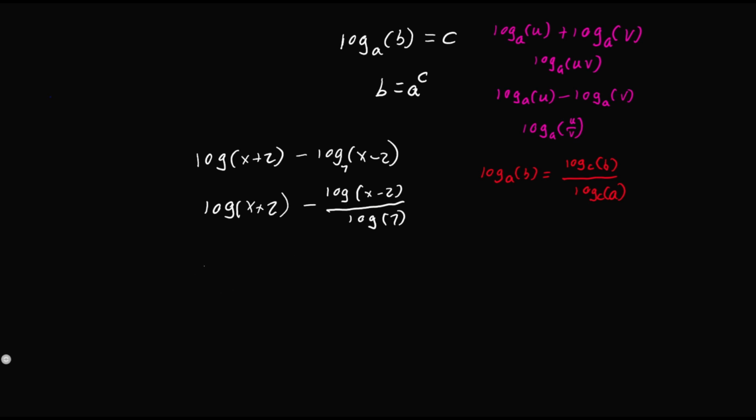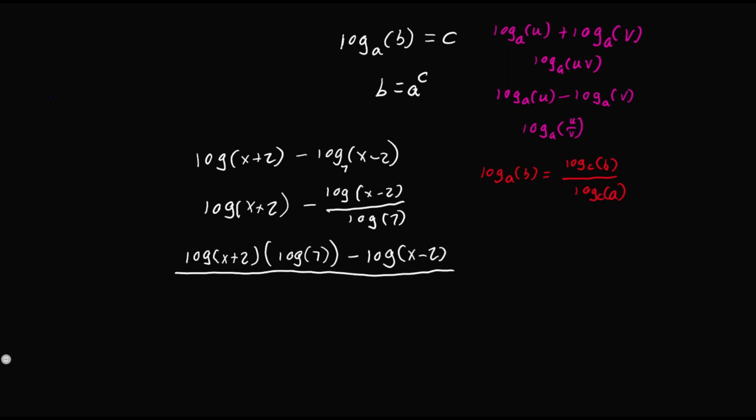So we will get log of x plus 2 times log of 7 minus log of x minus 2 divided by log of 7 is going to be our solution.